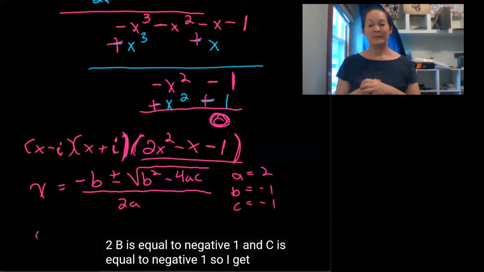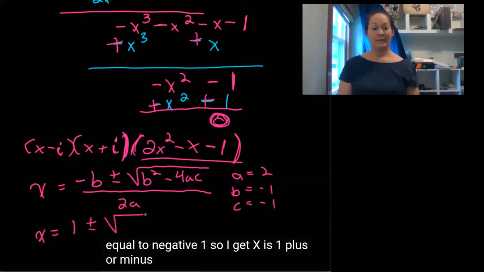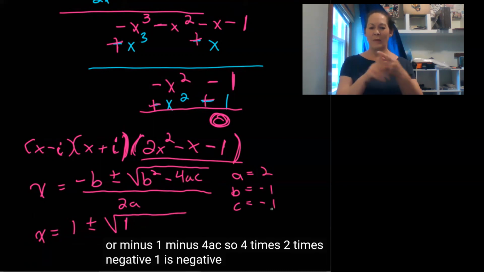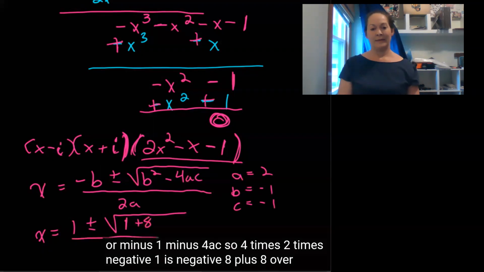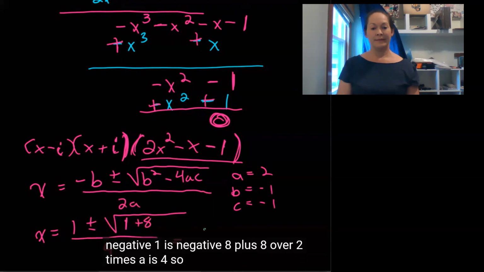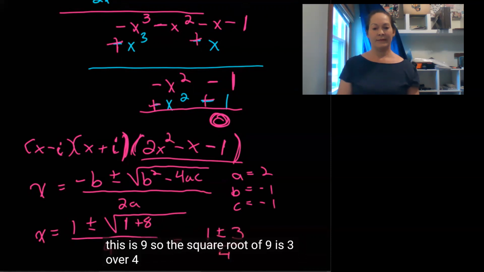So I get x is 1 plus or minus the square root of 1 minus 4ac. So 4 times 2 times -1 is -8, plus 8. Over 2 times a is 4. So I get 1 plus or minus, this is 9, so the square root of 9 is 3, over 4.